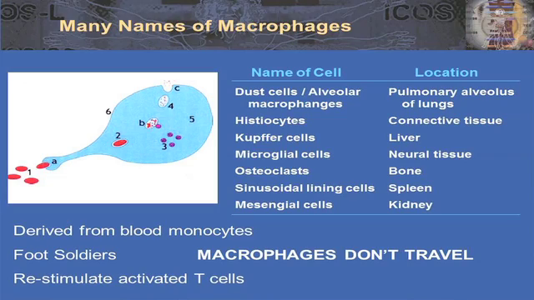All right, second cell, macrophages. So if the dendritic cell is the scout, trying to determine if a foreigner is dangerous or not, what is the macrophage?